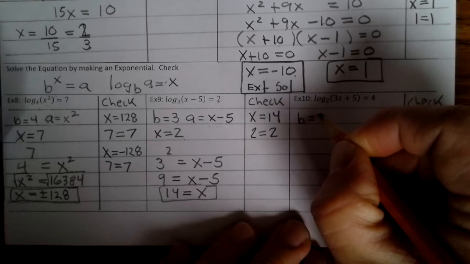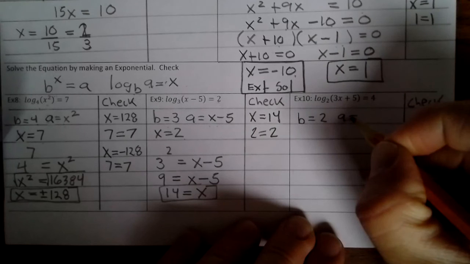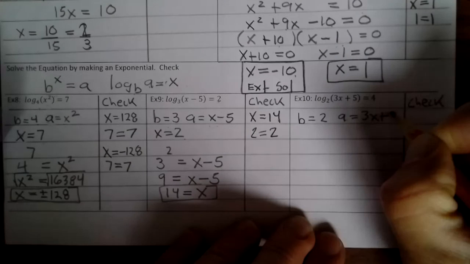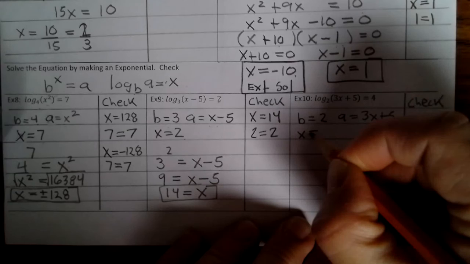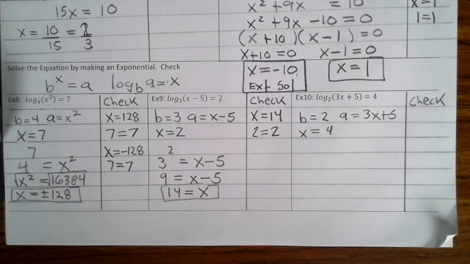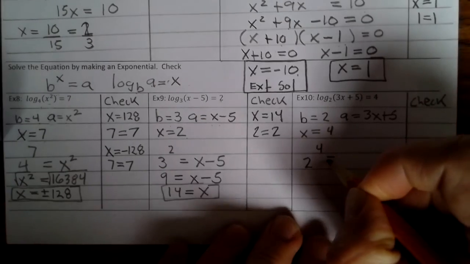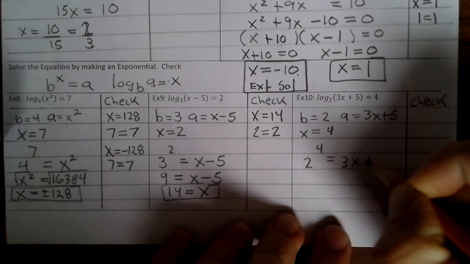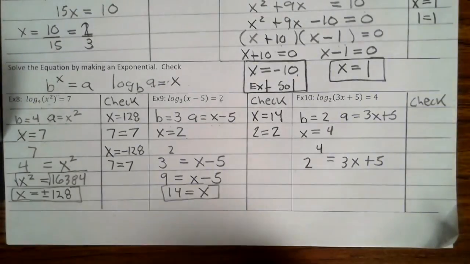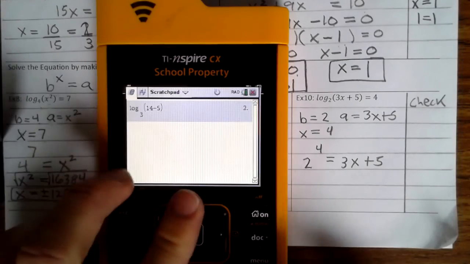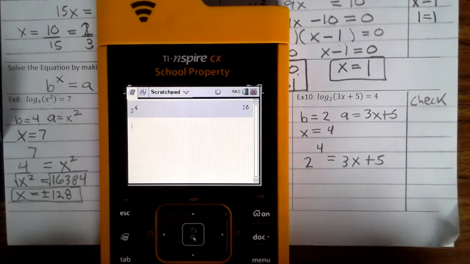Now, 2 to the 4th power, let's see what that is. So 16. So 16 equals 3x plus 5. So subtract 5 from both sides, so you get 11 equals 3x. Divide both sides by 3, so we get 11 divided by 3 equals x.